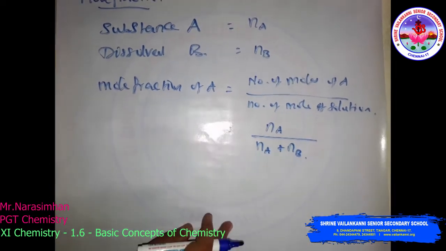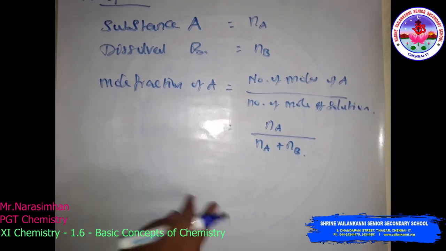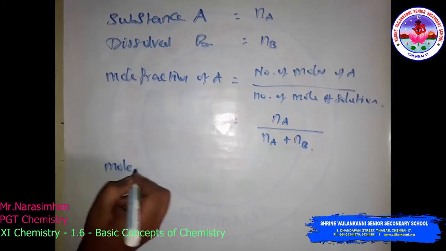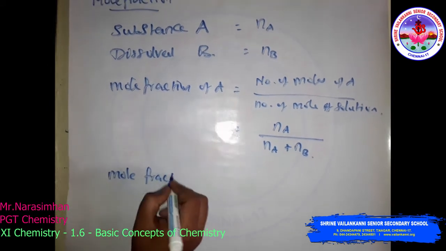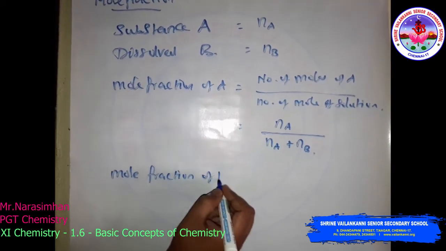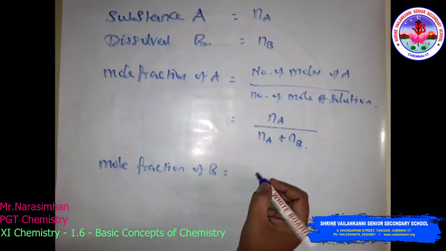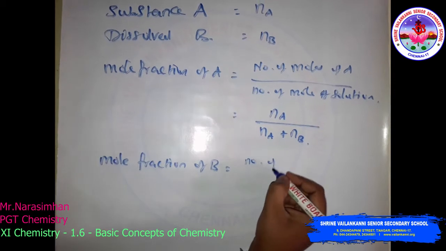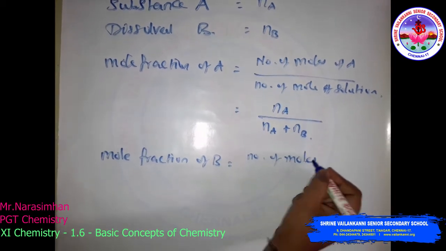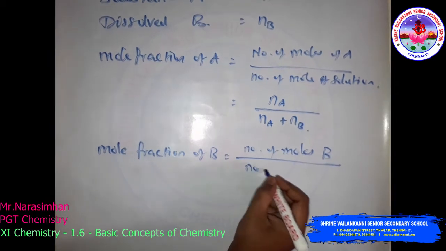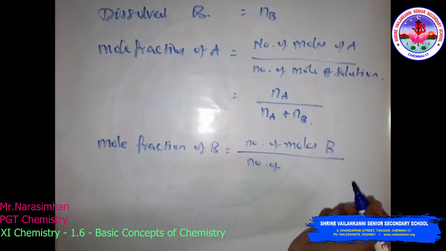In a similar way, we can calculate the mole fraction of B. Mole fraction of B is equal to the number of moles of B divided by the number of moles of solution.